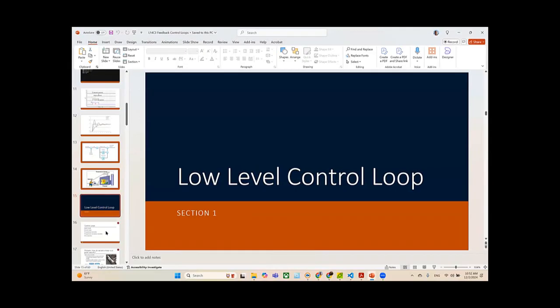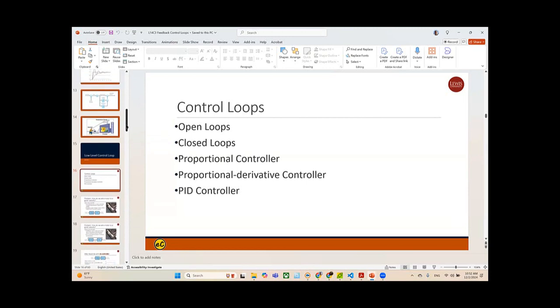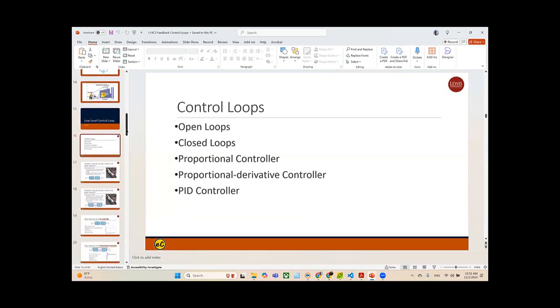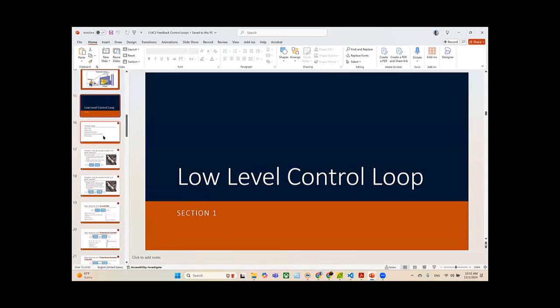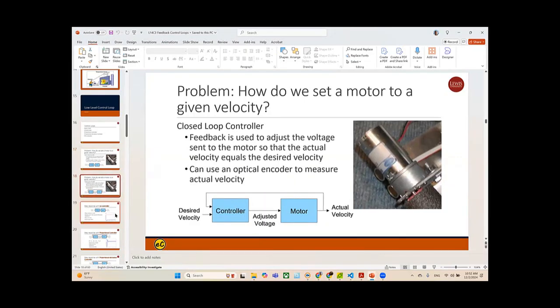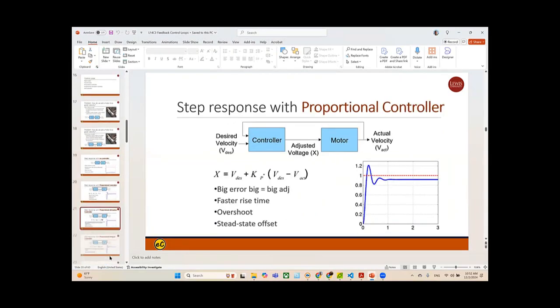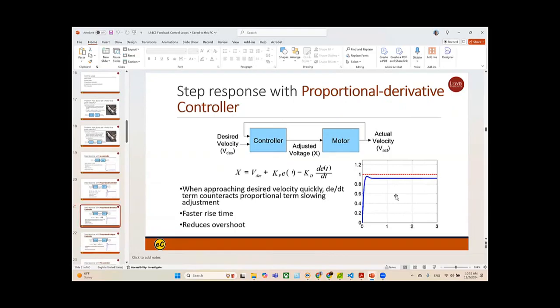Anyway, those are the low-level control loops. You have open loop, proportional controller, proportional derivative, proportional integral, and PID control. Those loops can be used to control your velocity, your motor. You set up the simulation for how fast you can control your motor, the systematic offset if there is any, and how to improve it.